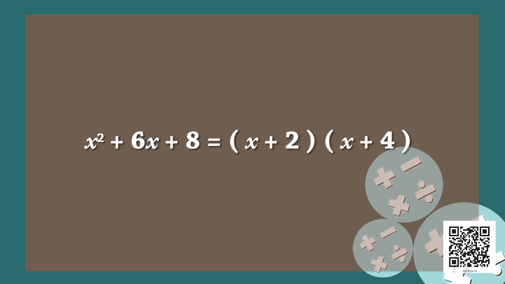Hence, we can write x square plus 6x plus 8 is equal to (x plus 2) into (x plus 4). Thus, the required factors of the given algebraic expression are x plus 2 and x plus 4.